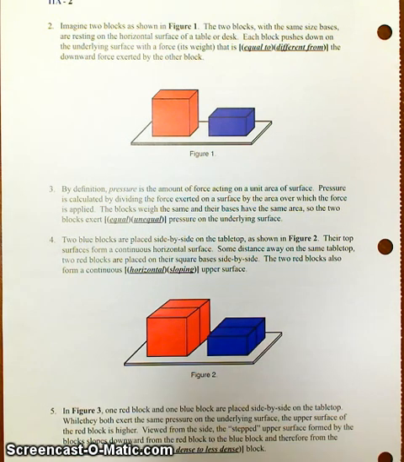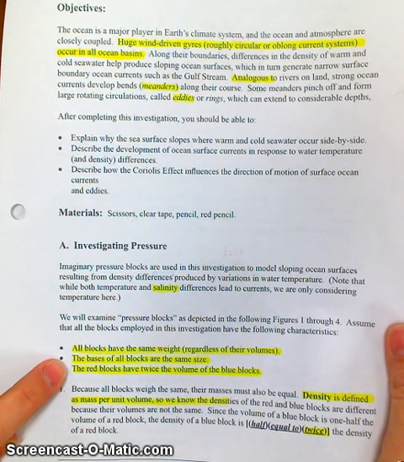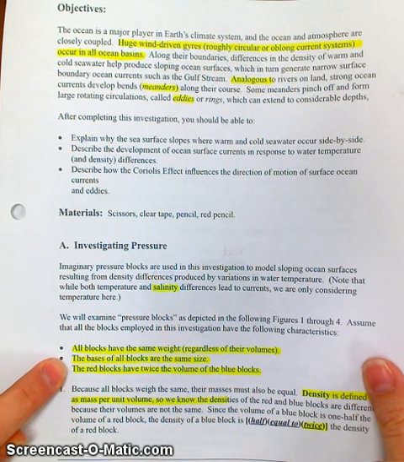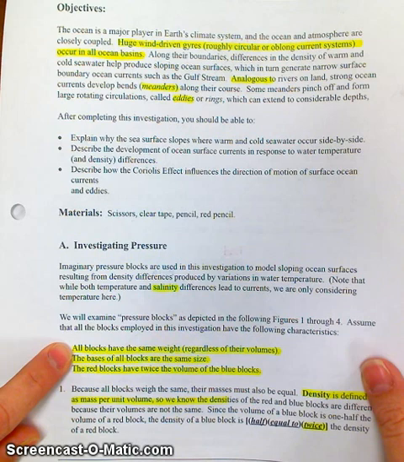Well, we've got to go back and remember our 3 characteristics. All blocks have the same weight. The bases of all the blocks are the same size. The red blocks have twice the volume of the blue.